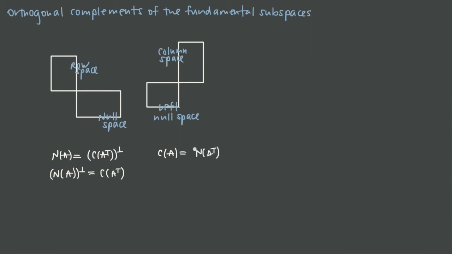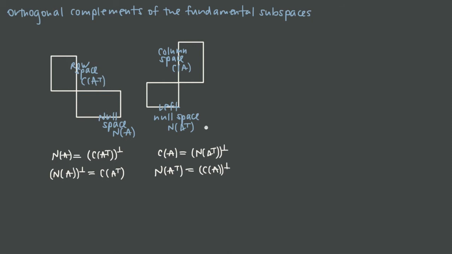Or, equivalently, the null space of A transpose, the left null space, is equal to the orthogonal complement of the column space. And let's say this is the column space, this is the left null space, the null space of A transpose, this is the null space, and this is the row space, which is the column space of A transpose.